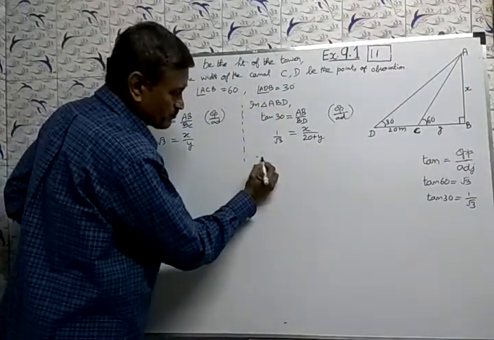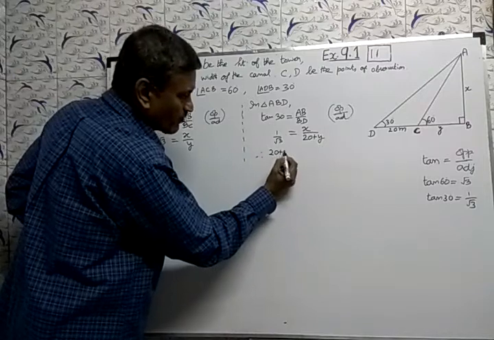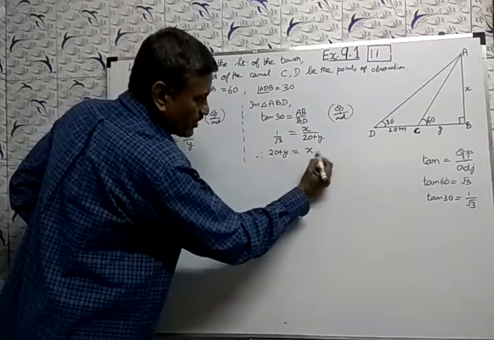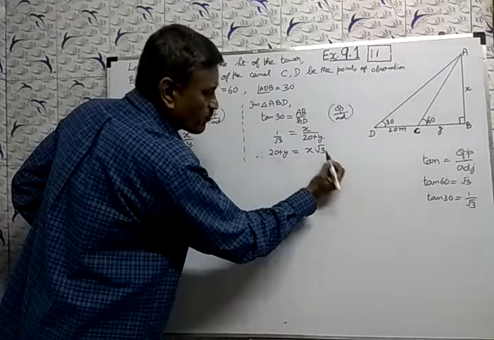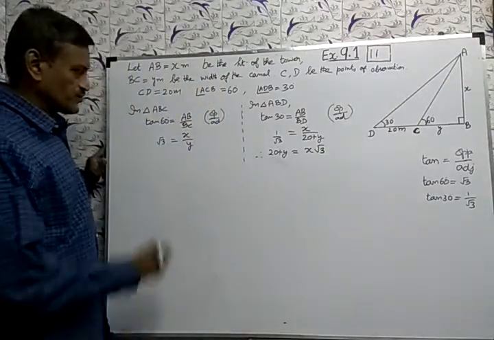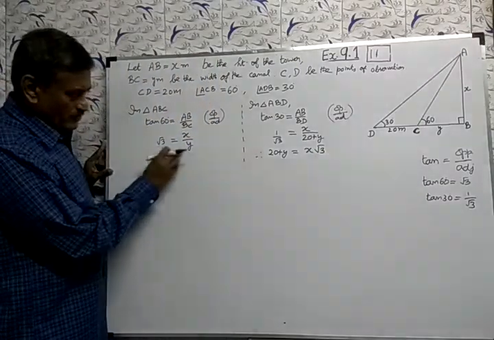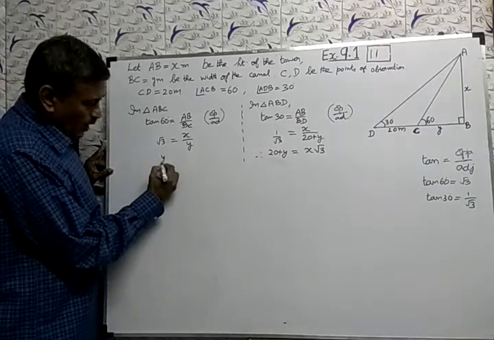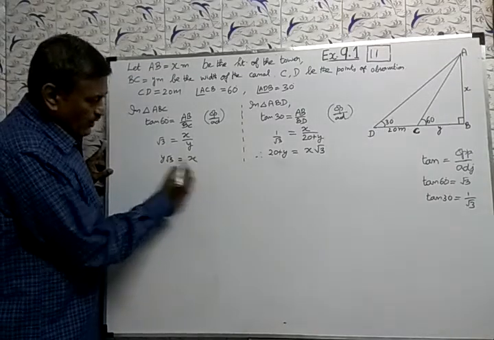Cross multiplying, 20 plus y is equal to x root 3. From the first equation, cross multiplying, y root 3 is equal to x.